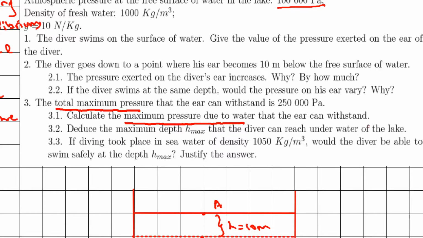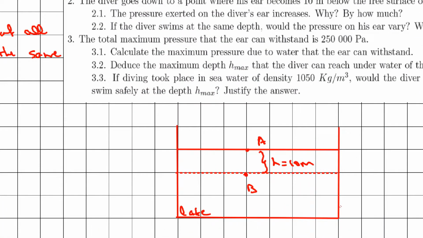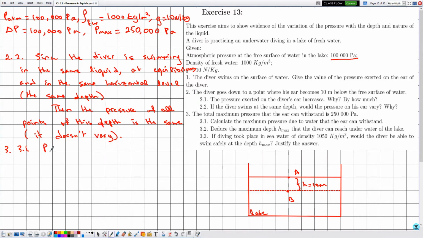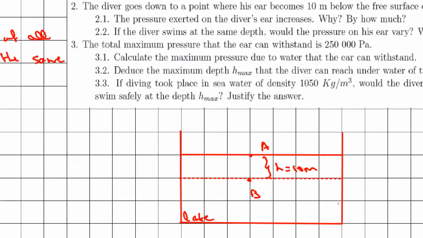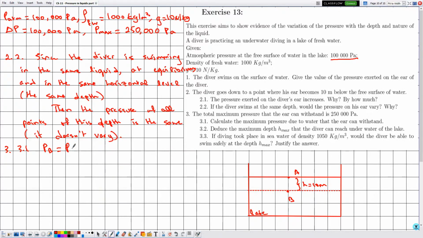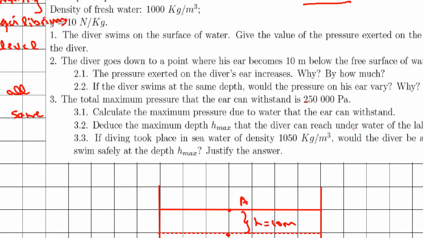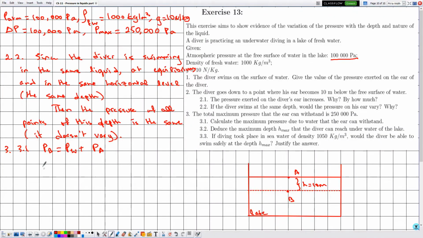So the total pressure and the maximum pressure due to a liquid are related via the following formula. If we consider the point B, since we are interested in pressure and we look upward, the total pressure at the point B, which is given by PB, is equal to the pressure due to the layer of this liquid, which is the fresh water or the water of a lake, P water, plus the pressure at the point A. Now in this case, PB represents the total maximum pressure that the ear can withstand, 250,000 Pascal.